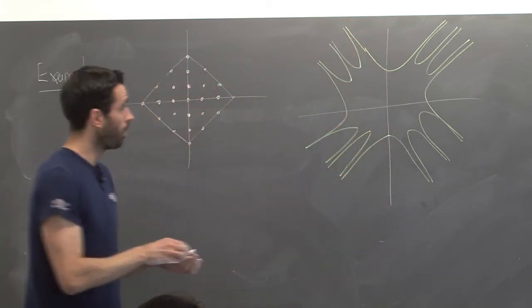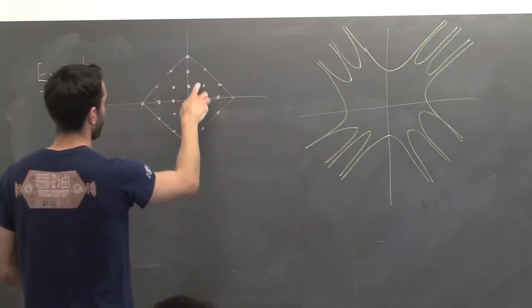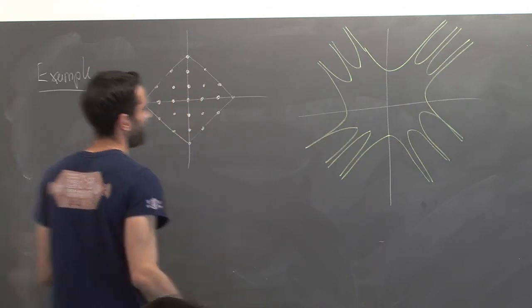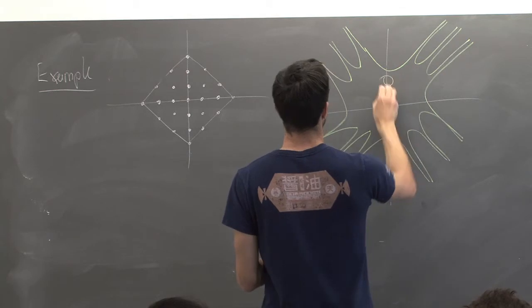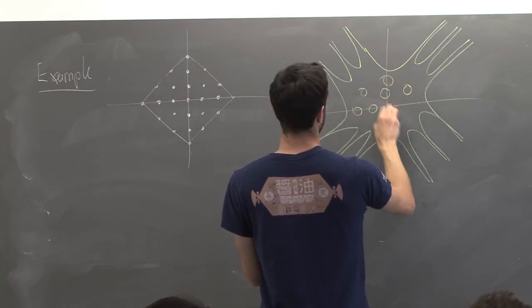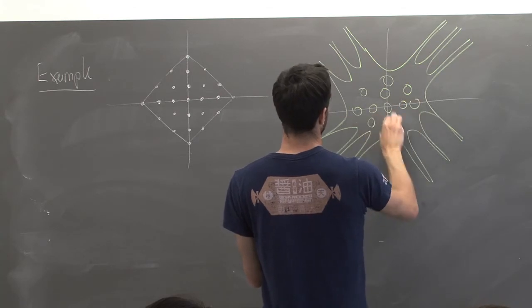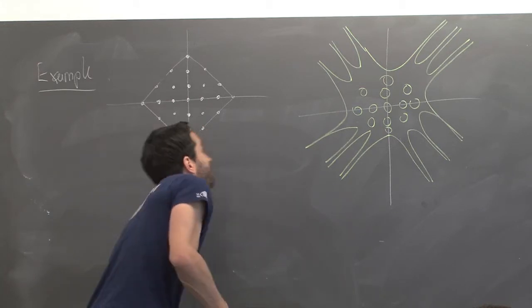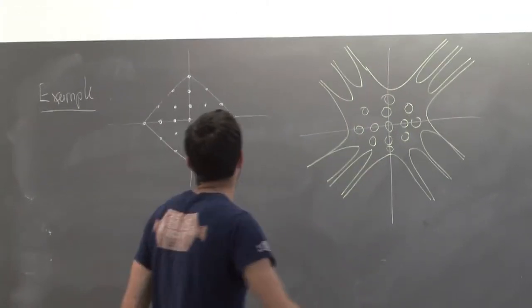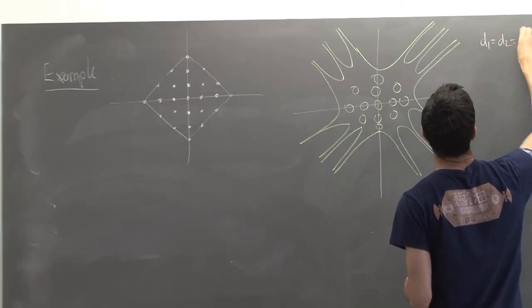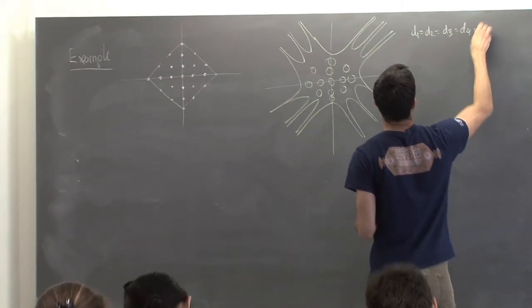Okay, and then how many do we have here? 13, way too much again. So again, you have the right number here. Here you have D1 equals D2 equals D3 equals D4 equals 1.